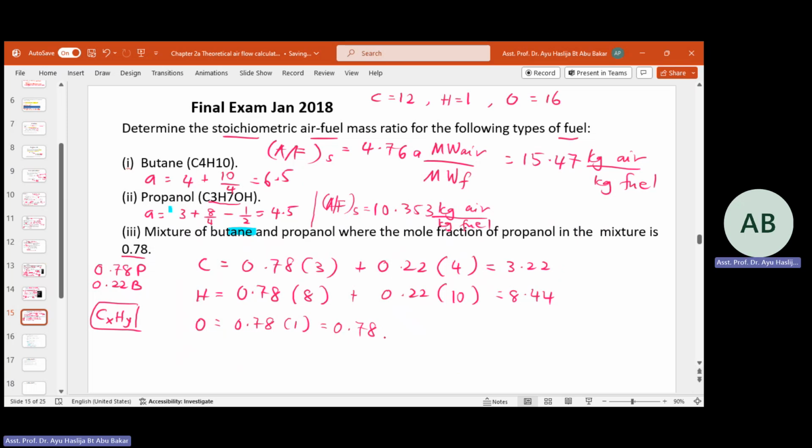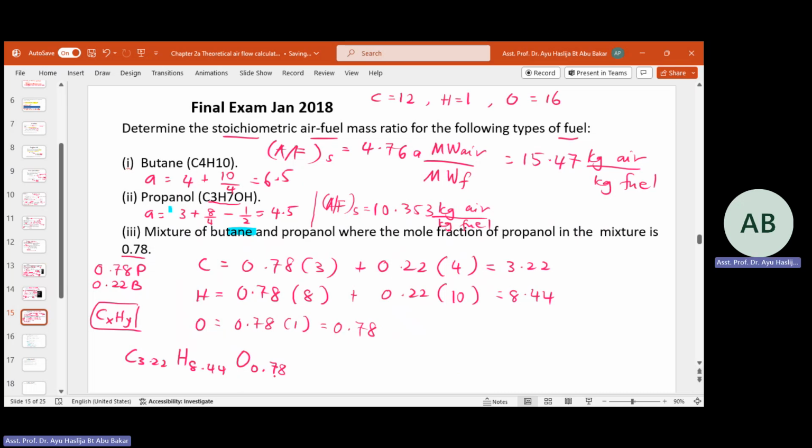C, H and O. O since dia ada dekat propanol saja, so multiply by 0.78 only lah. So the new fuel chemical formula is C3.22, H8.44, O0.78.